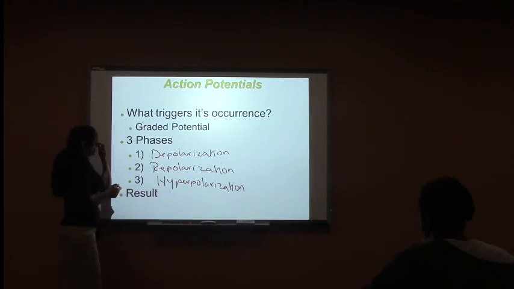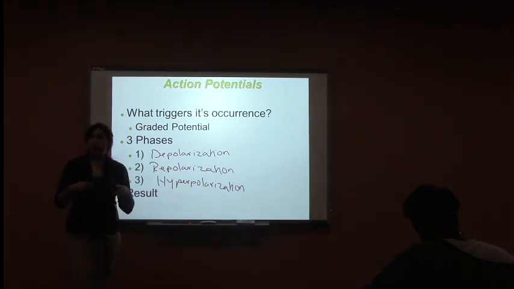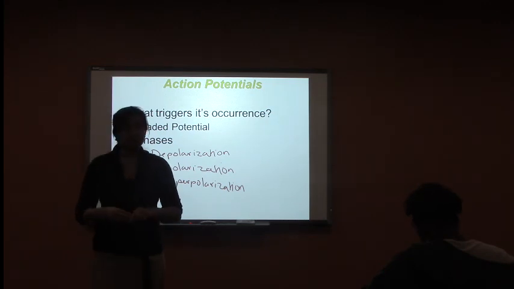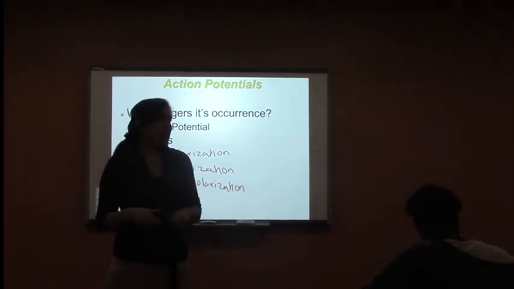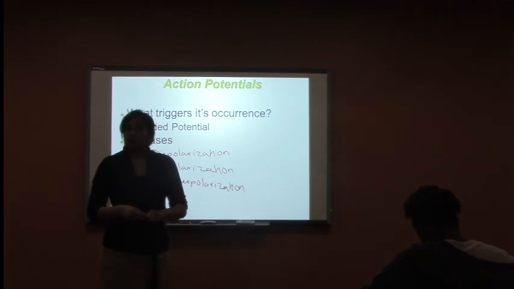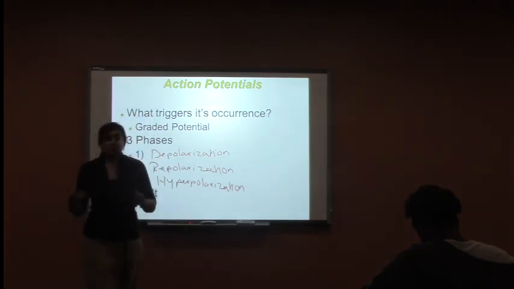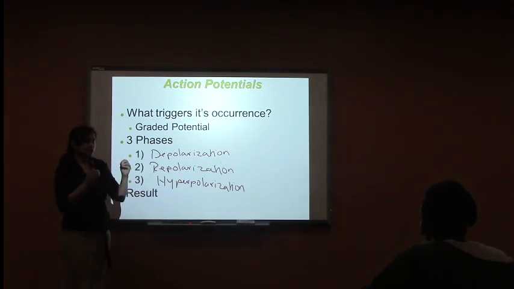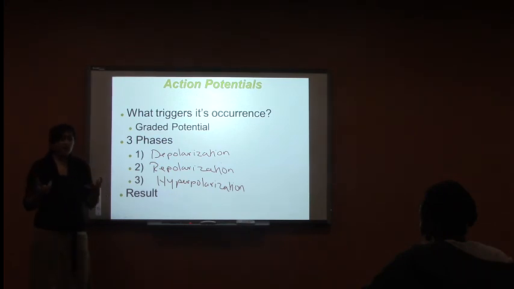What is the result? Why do you have action potential? What was the result of the nerve's impulse arriving at the axon terminal? What was the purpose? The purpose of the electrical impulse arriving at the axon terminal was so the neurotransmitter can be released.